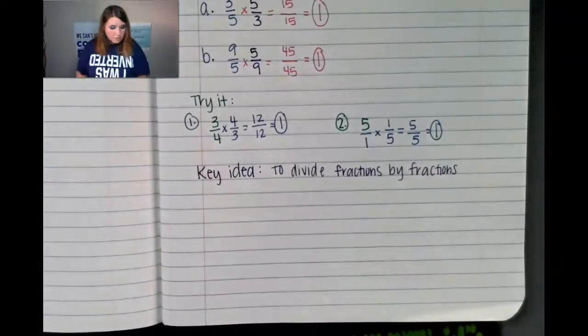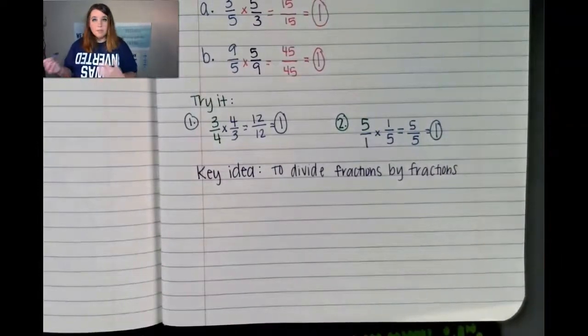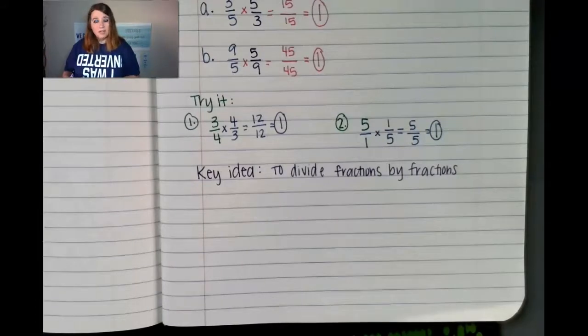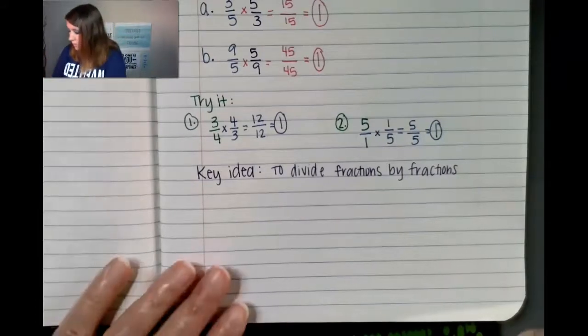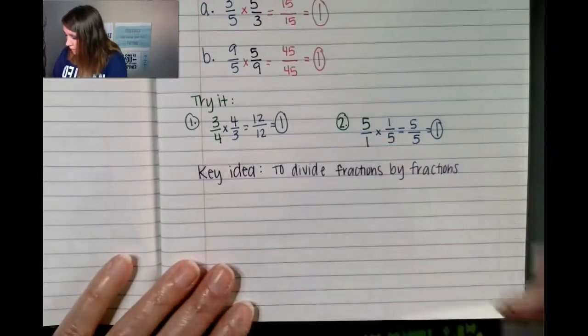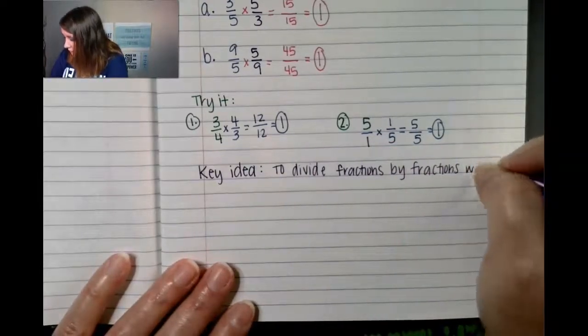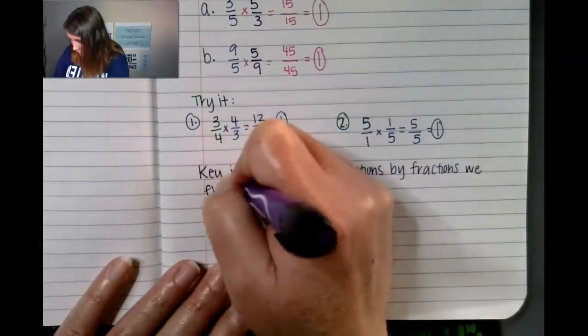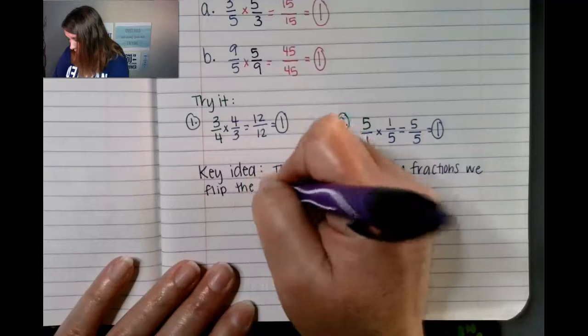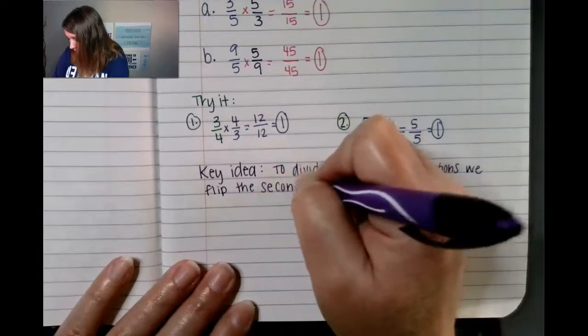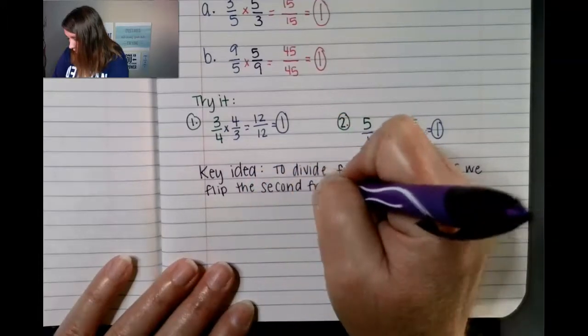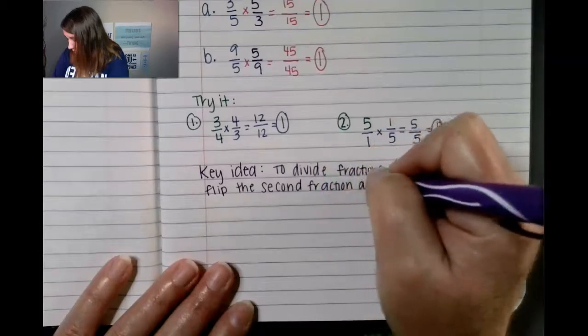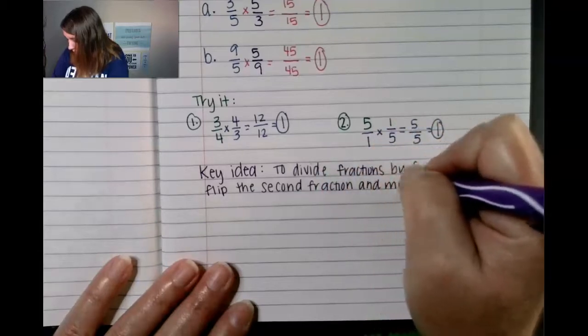So to divide fractions by fractions, we flip the second fraction, so we invert the second fraction, and we multiply.